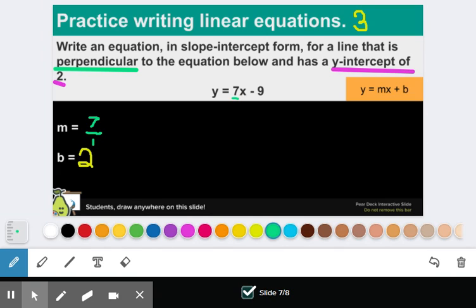So if it doesn't have a denominator, I can always add a denominator of 1. Now I need to flip it. So that turns into 1/7. And I need to reverse it. So this is positive over here, so my new slope is going to be negative.